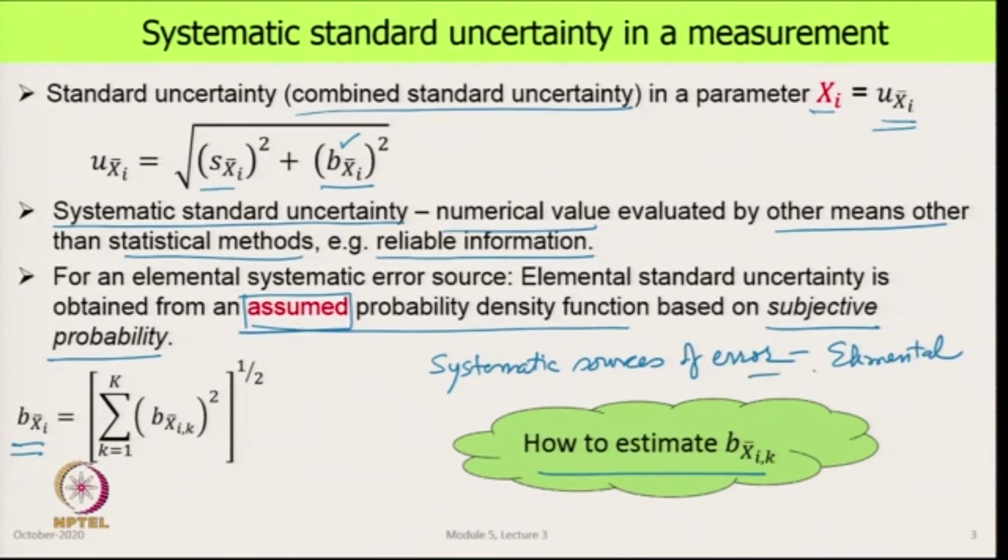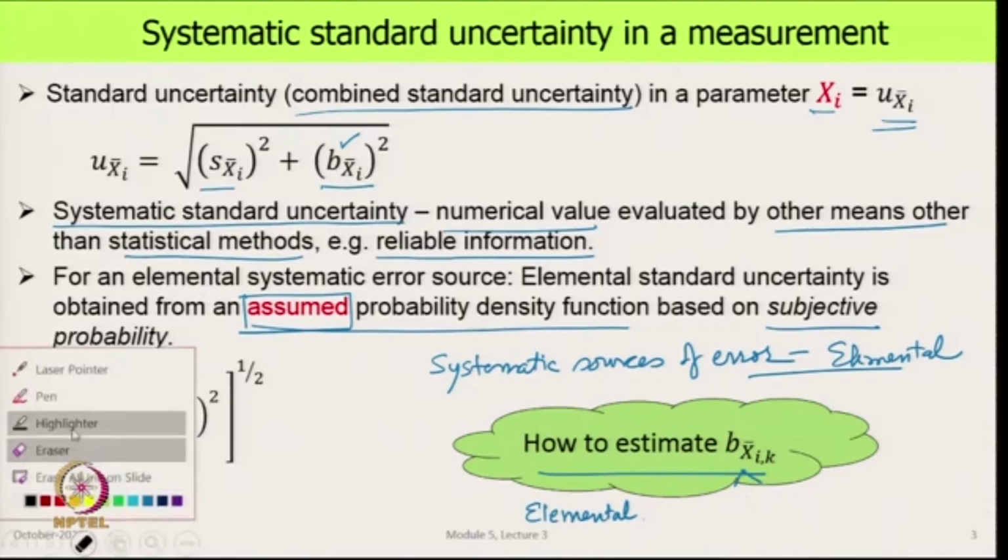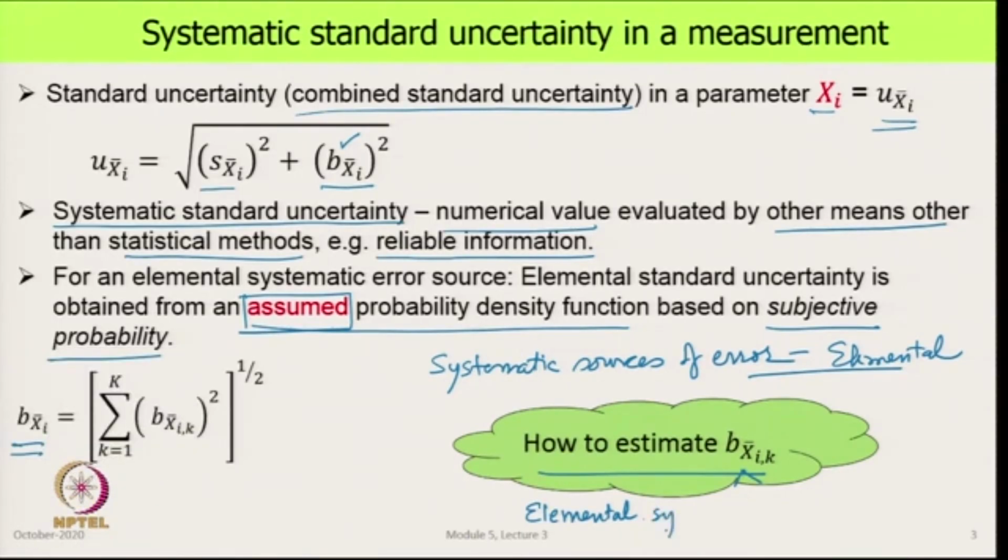And each elemental source of systematic error has an elemental standard uncertainty, which is our BXIK. So, that is what we want: elemental systematic standard uncertainty.